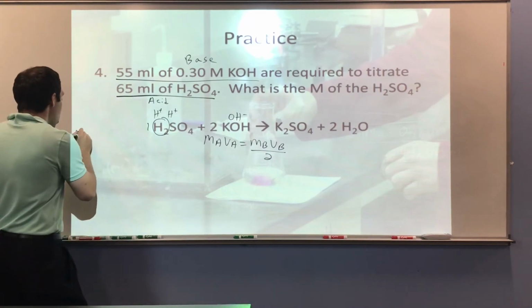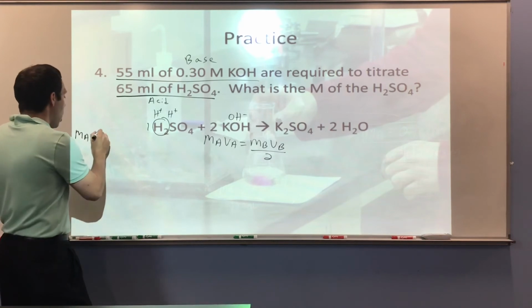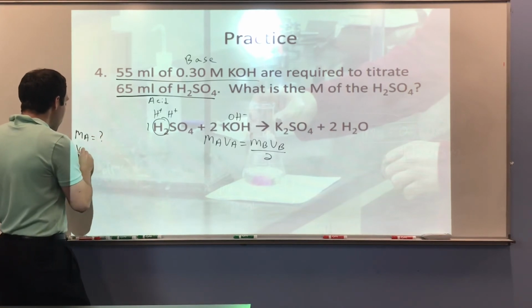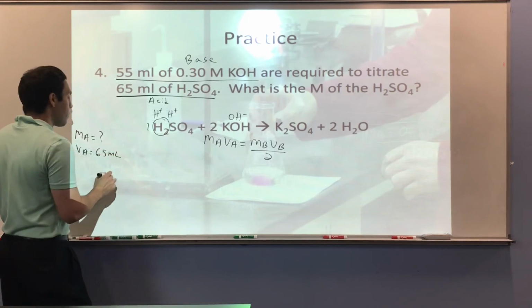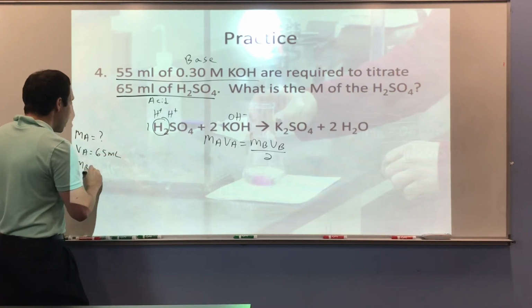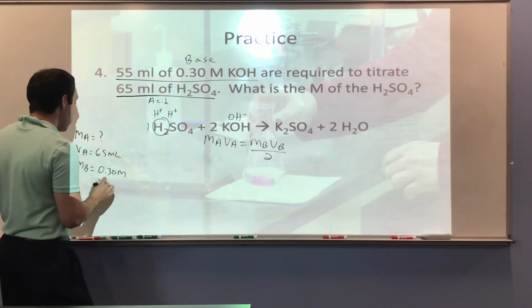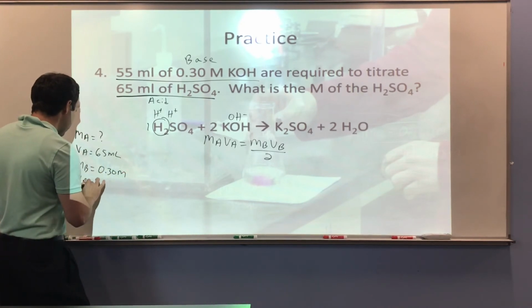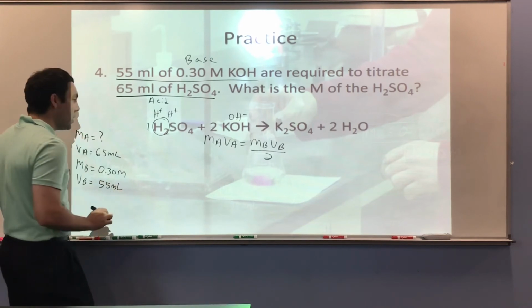We write our known and unknown values. MA is equal to unknown, we do not know that. VA is equal to 65 milliliters. MB is equal to 0.30 molar. And VB is equal to 55 milliliters.